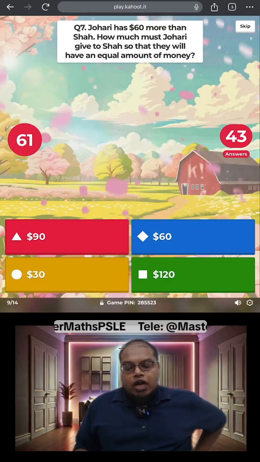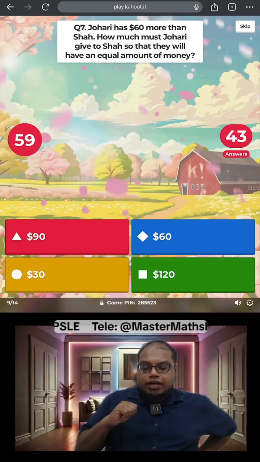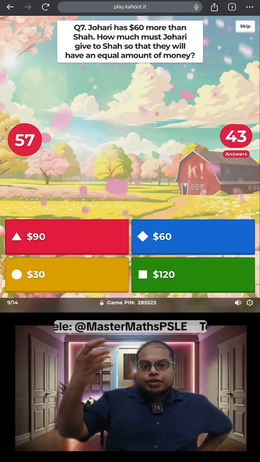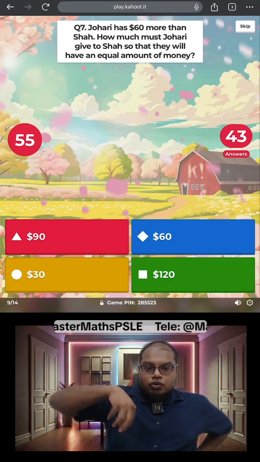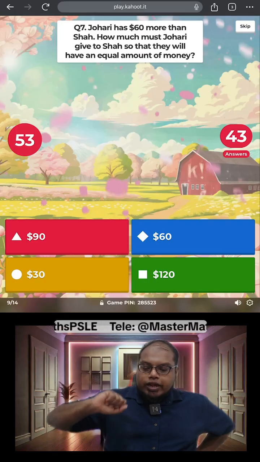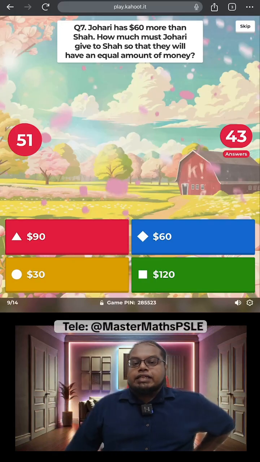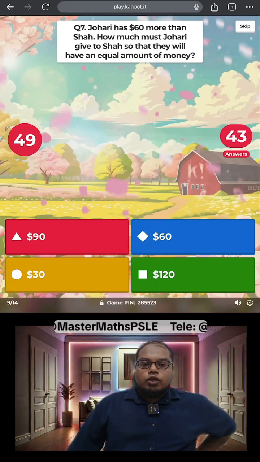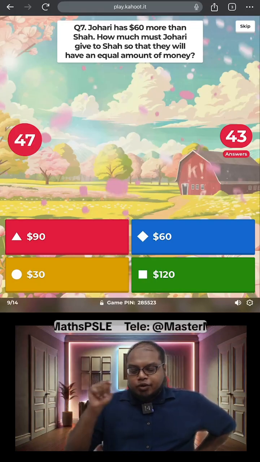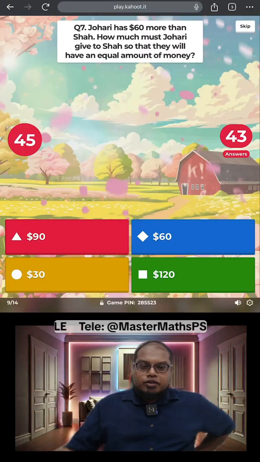Okay, so Johari got $60 more than Shah. So how much must Johari give to Shah so that they will have an equal amount of money? Don't need to put the answer on the chat, put the answer in the Kahoot.